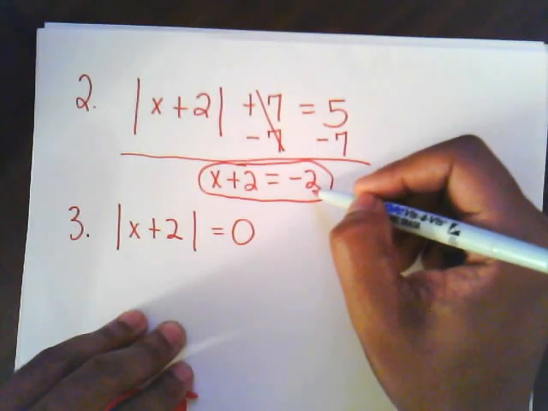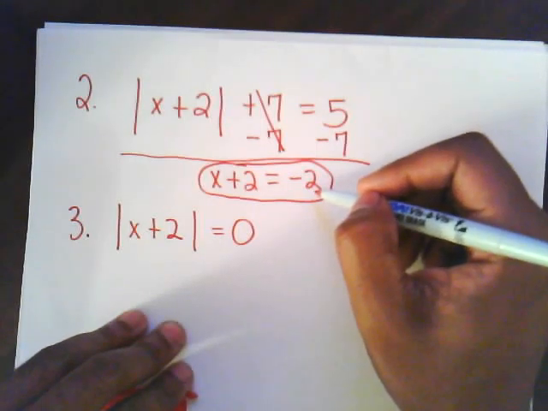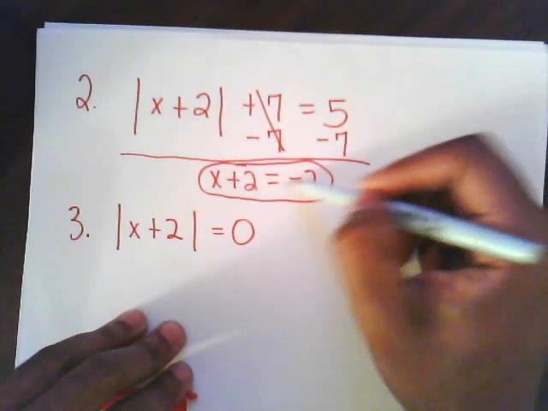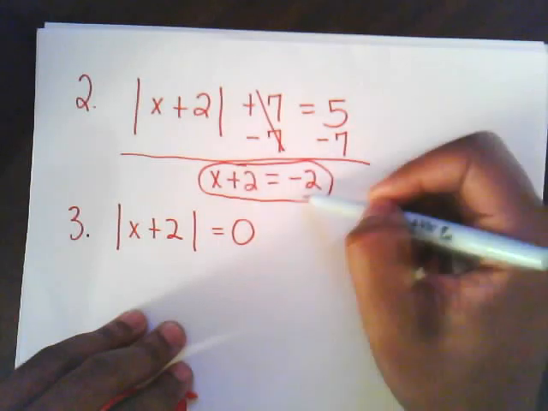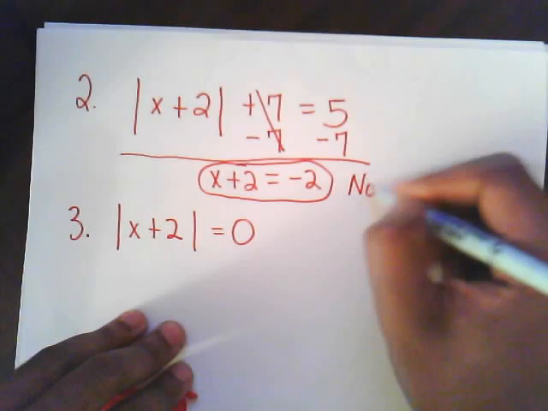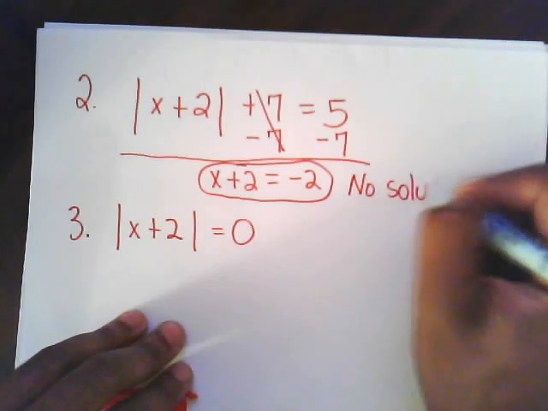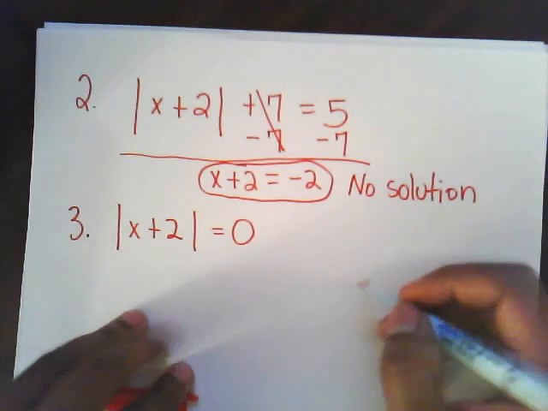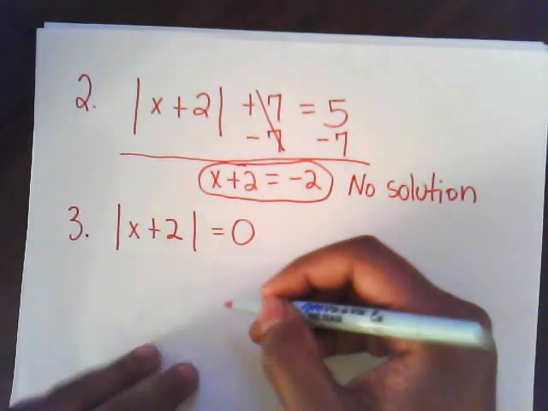So now we have to determine how many answers that we need. Well, whenever this answer that you've circled equals a negative, then it's automatically no solution. So that one was pretty easy. So let's go on to another example.